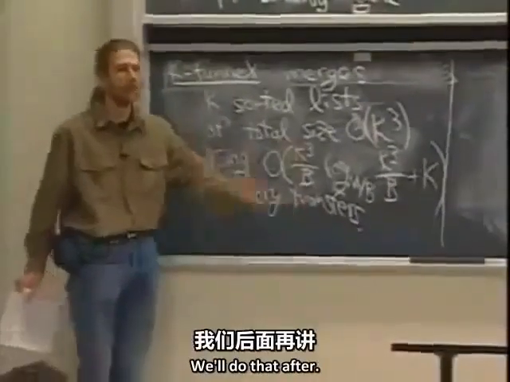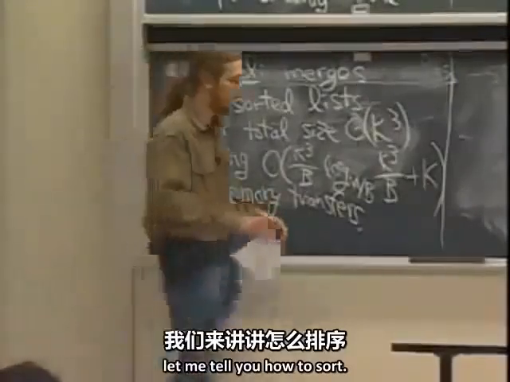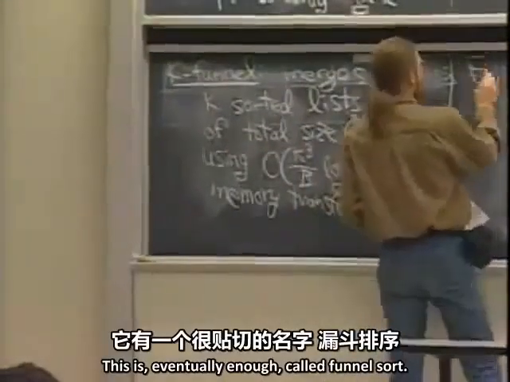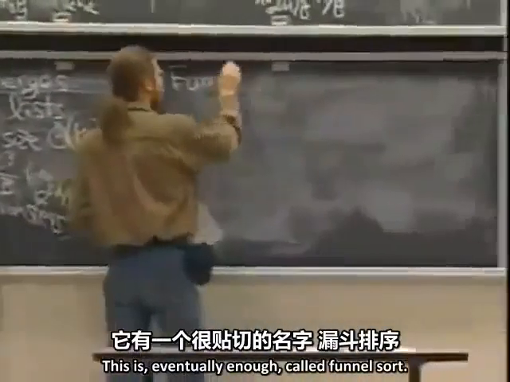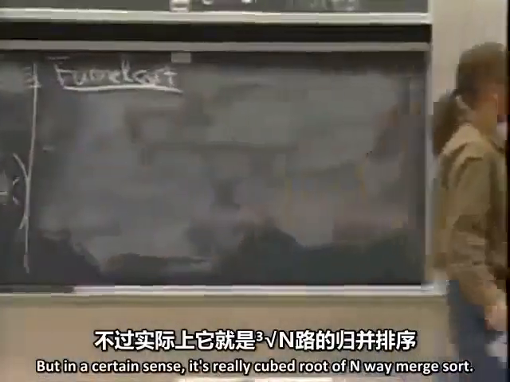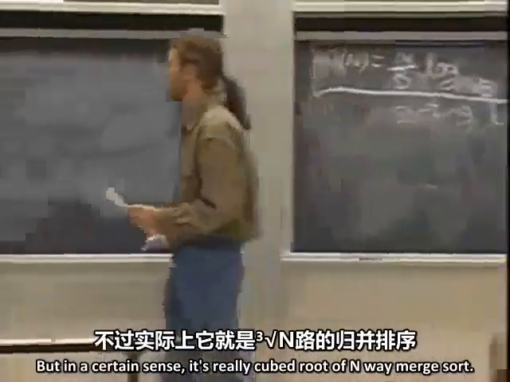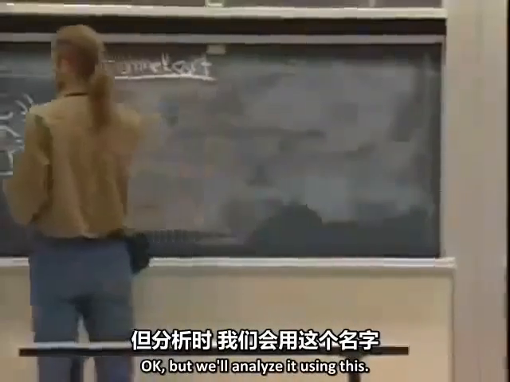We'll do that after. Now, assuming we have this, let me tell you how to sort. This is, naturally enough, called funnel sort. But in a certain sense, it's really n to the 1/3 way merge sort. But we'll analyze it using this.